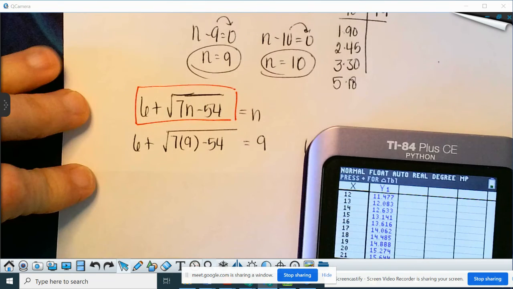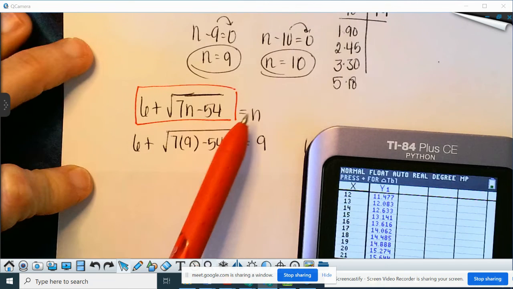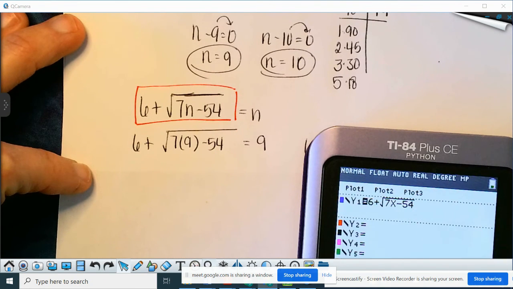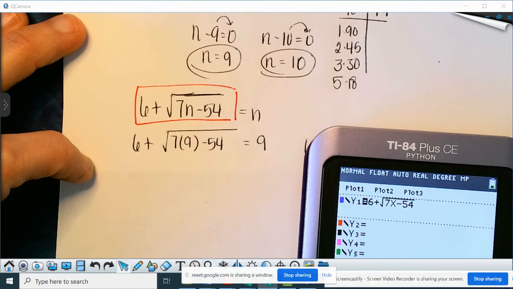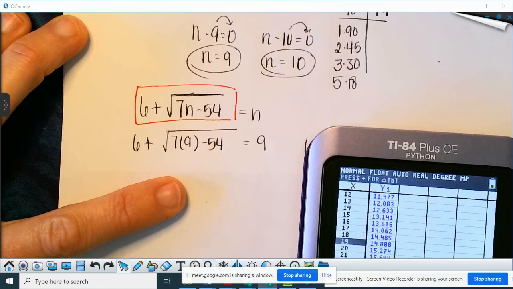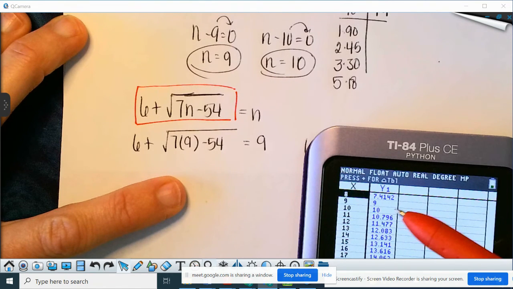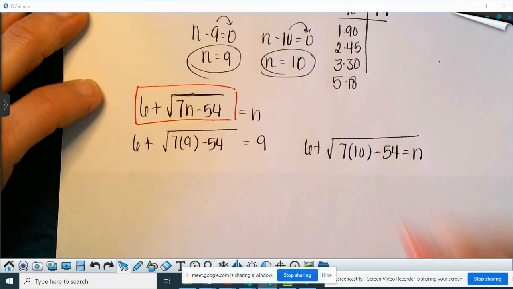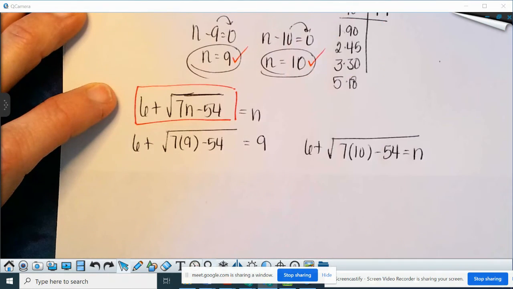As our problem said, whatever we plugged in here is what it's going to equal. So in your calculator alone, once you plug that first half in, because it is set equal to n, you should see them both pop up as the same. So our 9 and our 10 did work. They do exist, and there's no error message in your calculator, so you're good to go there. So our answer is indeed 9 and 10.